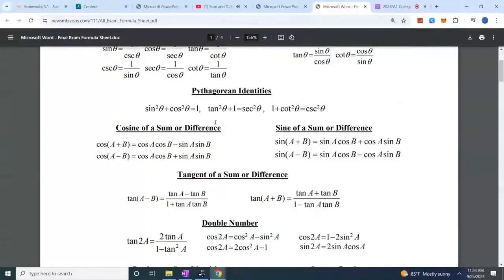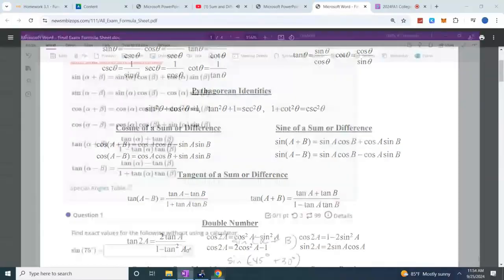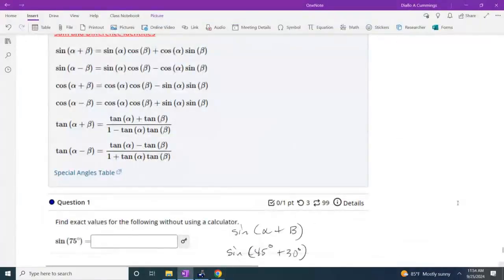But on the homework, it has alpha and beta. So in this formula, wherever I see an alpha, I'm going to substitute that alpha for 45 degrees. And wherever I see beta, I'm going to substitute beta for 30 degrees.